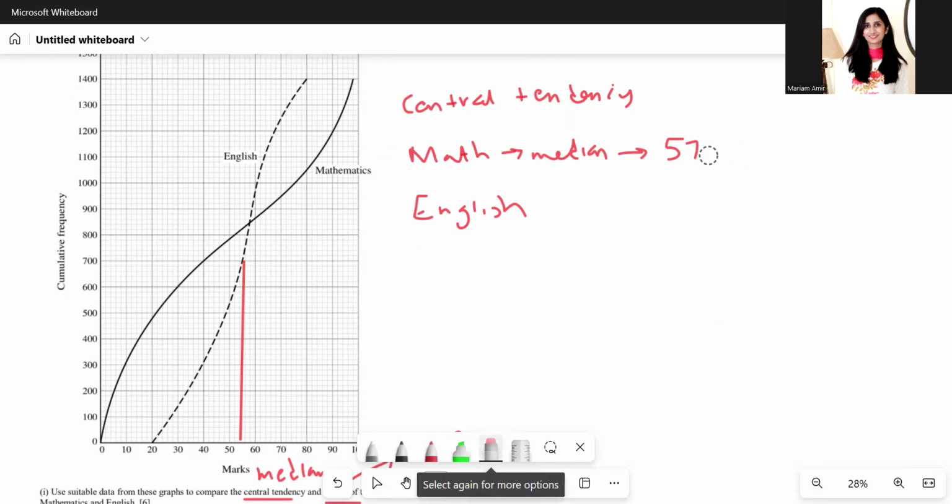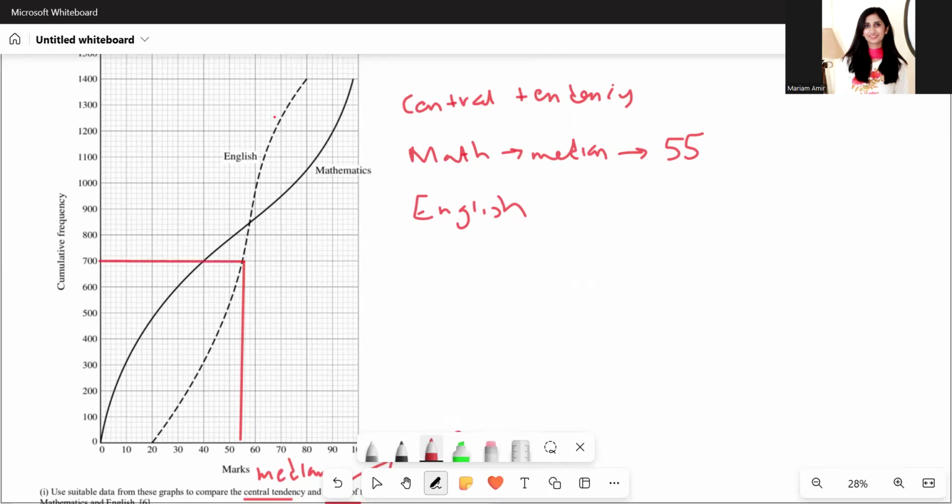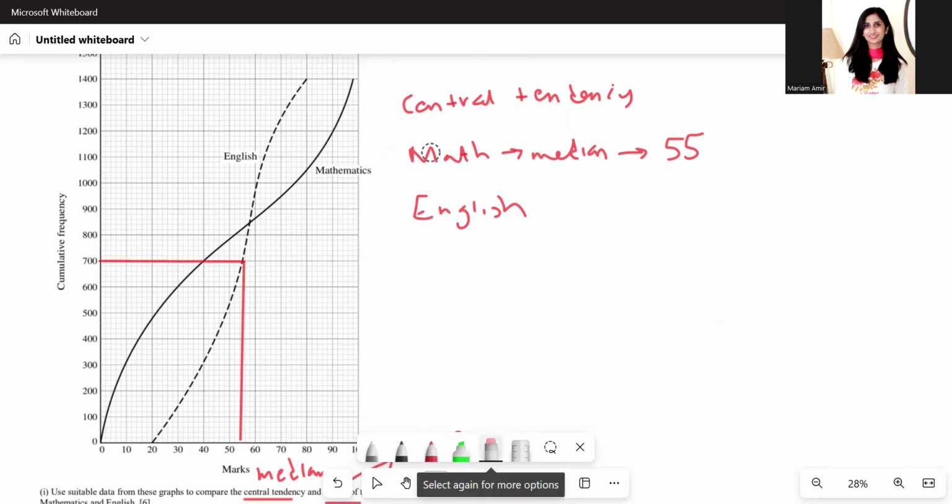Okay, so it's 55. And for English, again we find, oh my God, I'm so sorry. I was reading for English first. This was the graph for English. So the median score for English is 55.